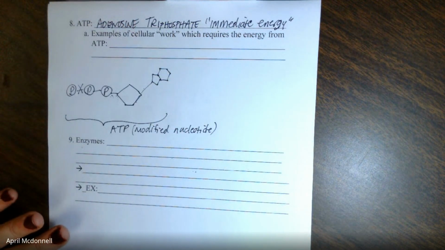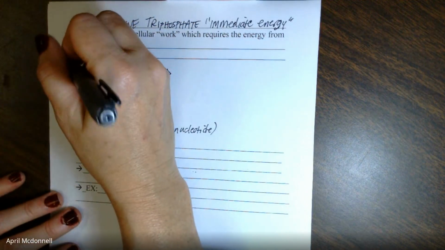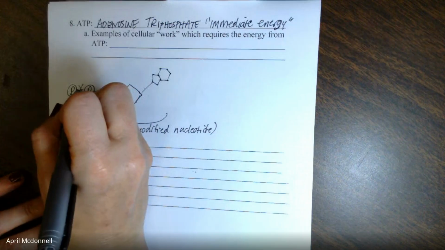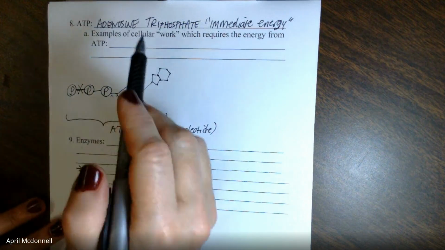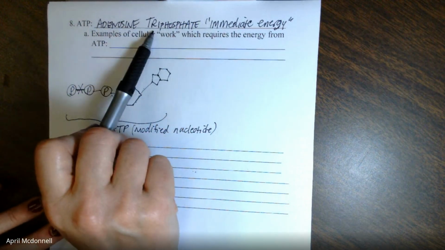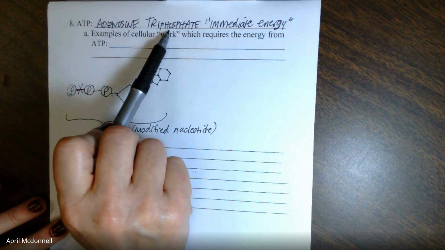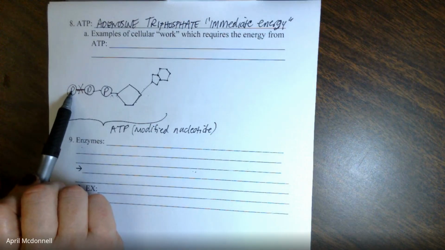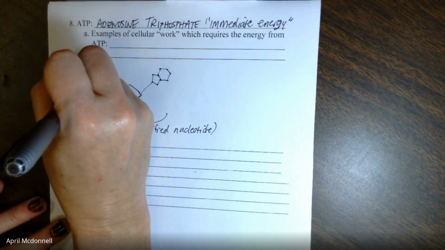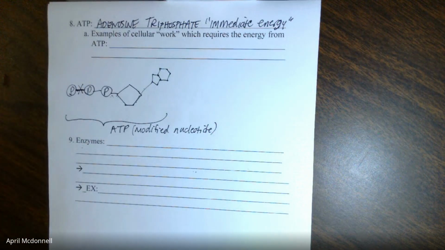In order to break ATP down, the energy is going to be released when the bond between the last two phosphates is broken. So remember that we have adenosine triphosphate, meaning there are 3 phosphate groups. So here's 1, 2, 3. And there is a lot of energy in this last bond between the last 2 phosphate groups.